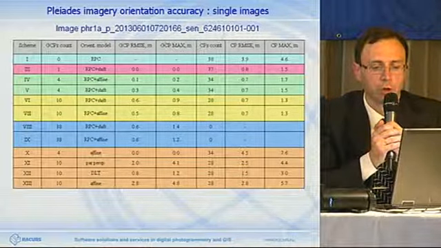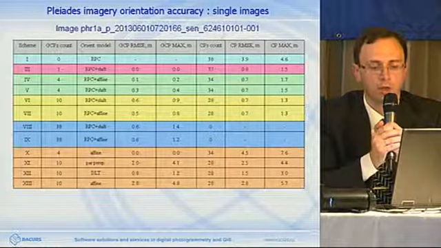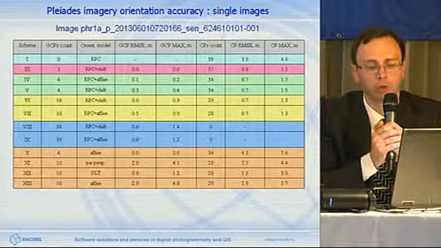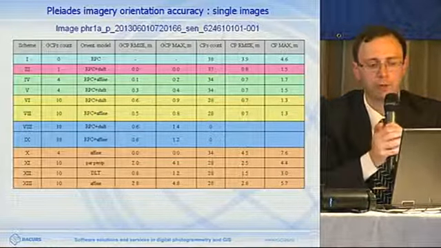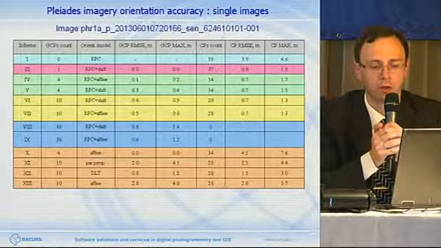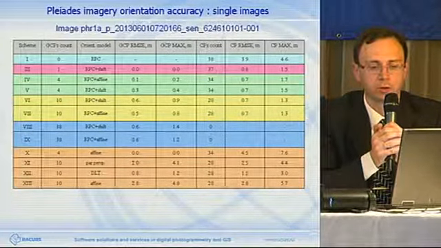Next, we see that with the use of at least 1 GCP, we already achieve the accuracy of 0.8, and with the increased number of GCPs, with the fine refinement or bias adjustment, this accuracy remains the same.